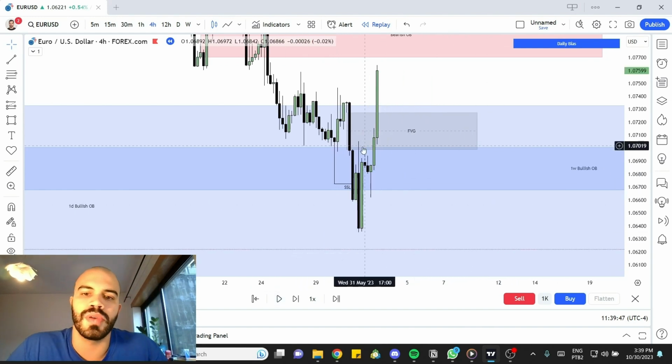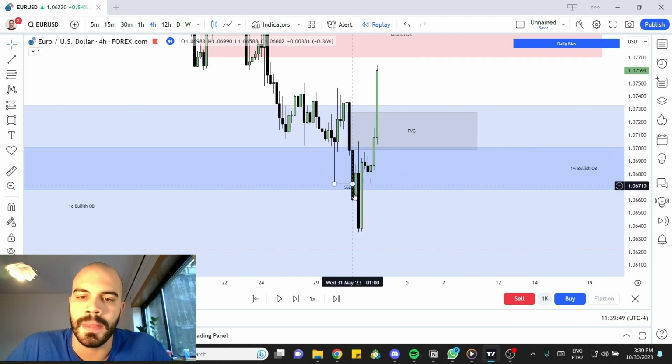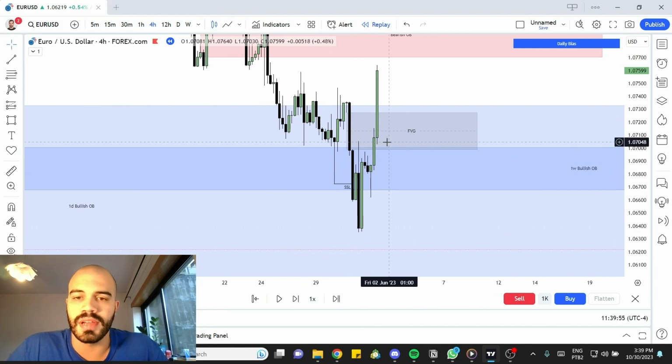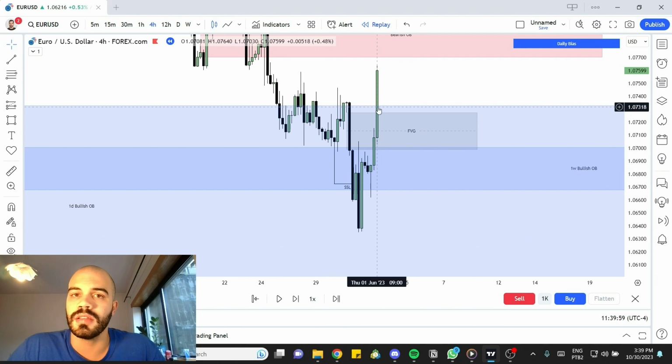Alright, so price tapped into this fair value gap and went straight down until this low right here. But then after that, price started to do a very strong bullish movement. And why is that? Because of the higher time frame narrative.